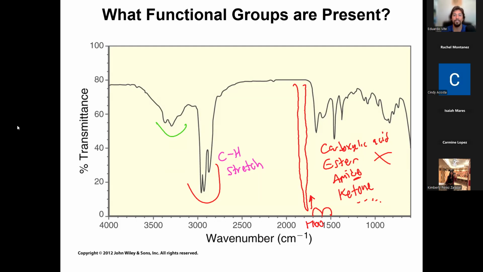And there's two peaks. So what does that tell us? What is the final conclusion? Is it a nitrogen carbon? Is it a nitrogen hydrogen? Is it a nitrogen hydrogen 2?